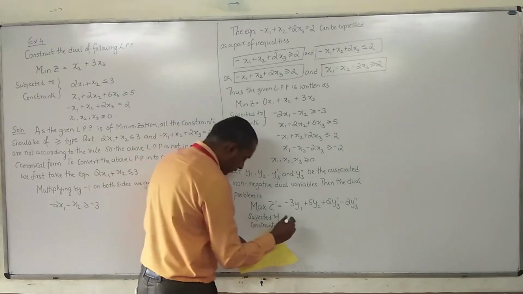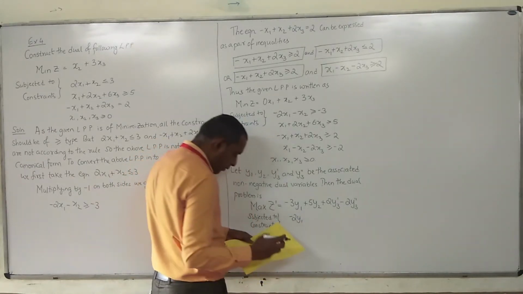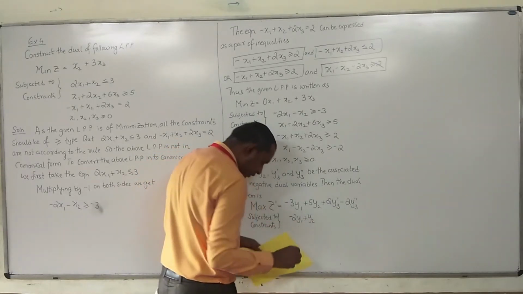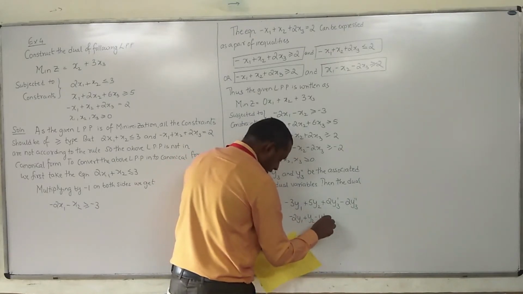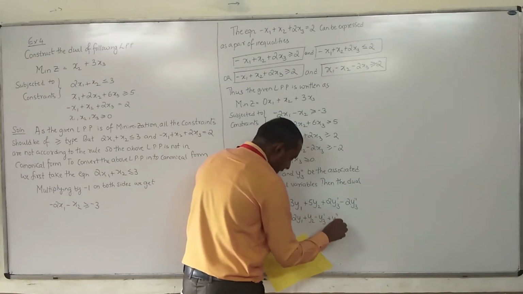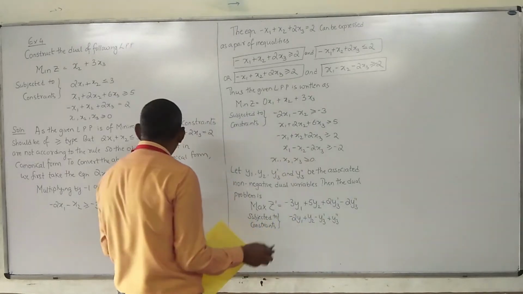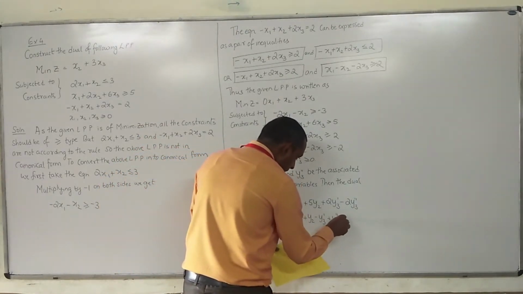So subjected to 2y1 plus y2 minus y3 dash plus y3 double dash less than or equal to 0.